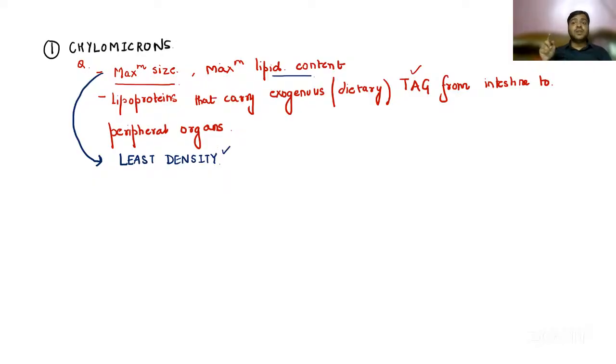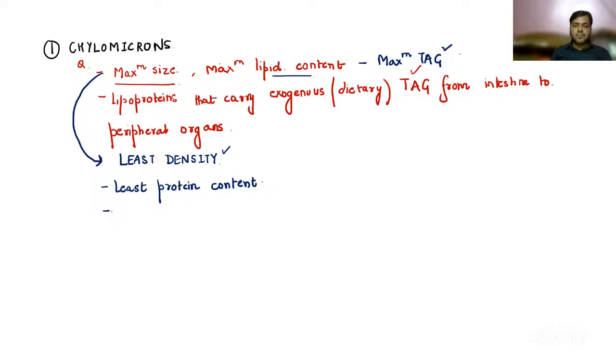If the protein content is more, it has more density. So obviously, if it has the least density, it has the least protein content and maximum lipid content, so it has maximum triacylglycerol.